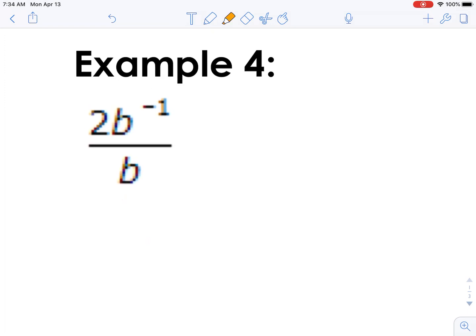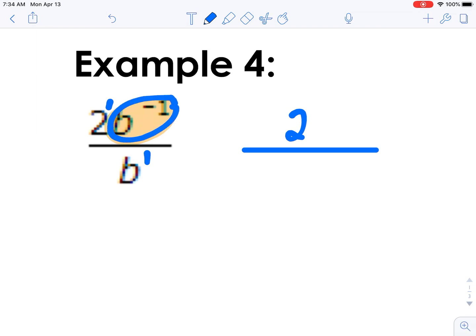Negative exponents. Remember, everything is by itself. The 2 has a positive exponent. This b down here has a positive exponent, but we do need to move this. I always move negative exponents first. So I'm going to rewrite. I have my 2 on the top. This b to the negative 1 is going to move down and become b to the positive 1.